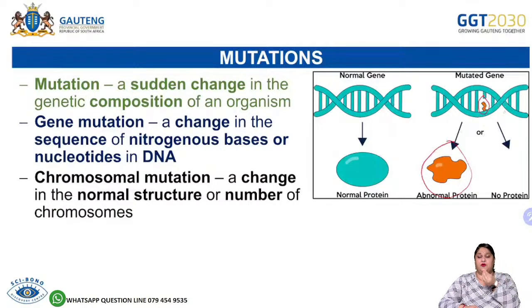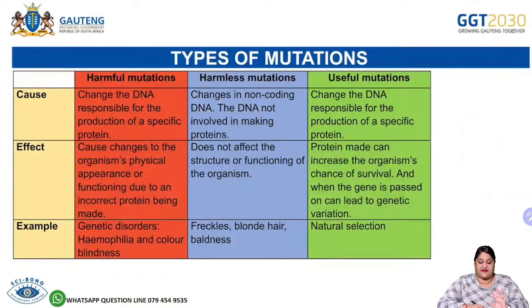That means the protein sequence will not change. A chromosomal mutation, on the other hand, is the one where we talk about the chromosome structure, okay? There's going to be another diagram where I'm going to explain that. But let's first look at the different types of mutations that we get, other than your chromosomal and your gene mutation, which affect specifically your gene or your chromosome.